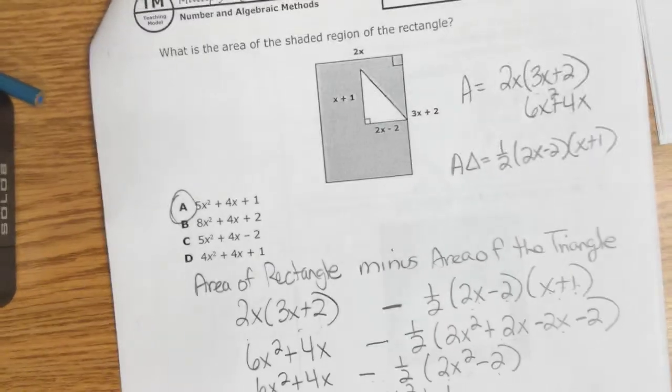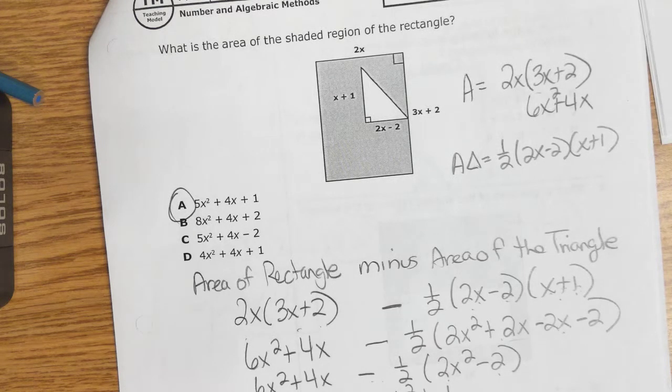What is necessary to understand in order to properly combine like terms?